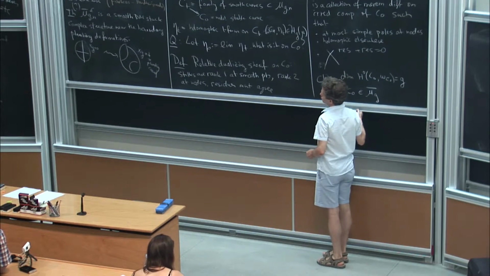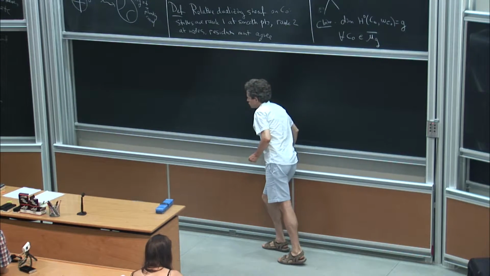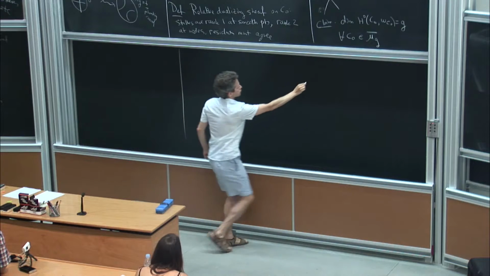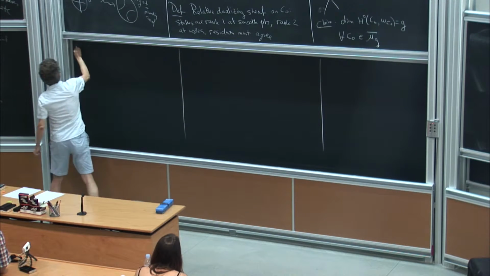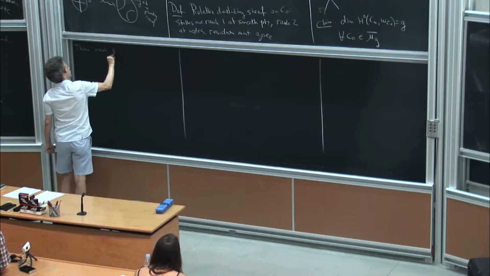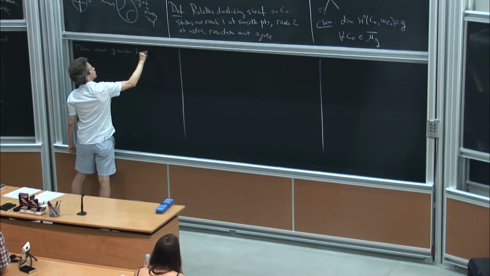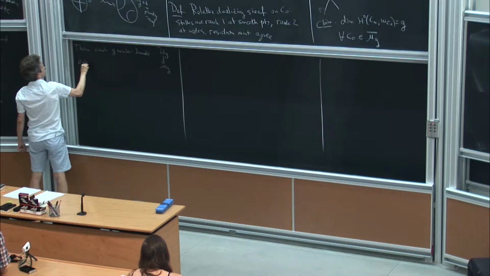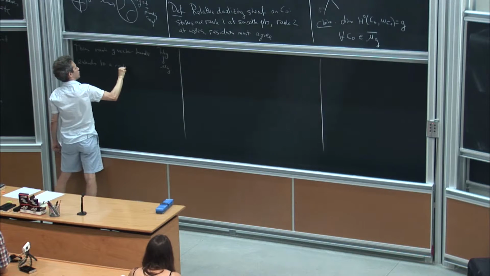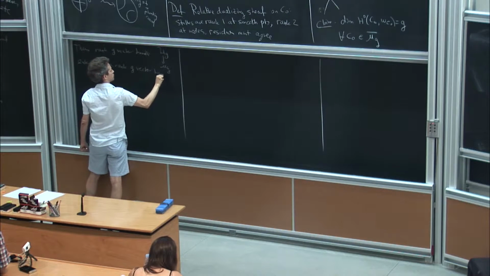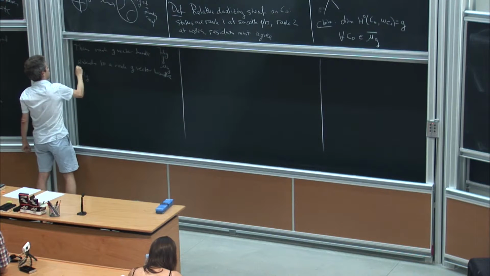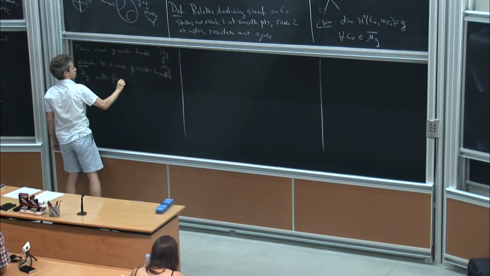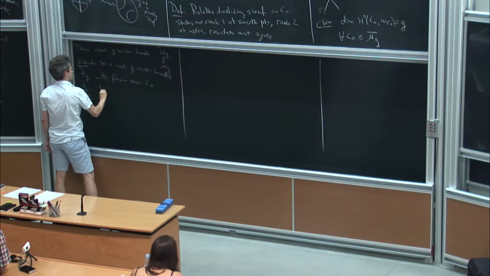And what this means is that the rank g vector bundle, which I guess you denote H_g over M_g, extends to a rank g vector bundle H_g bar over M_g bar with fiber over C_node being the space of sections.